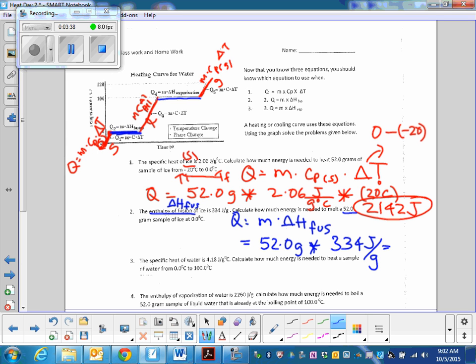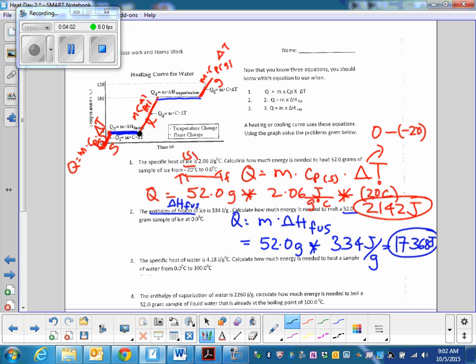Very good. So now I'm going to multiply 52 times 334 and I get 17368 joules. The substance has now melted and it's now here.